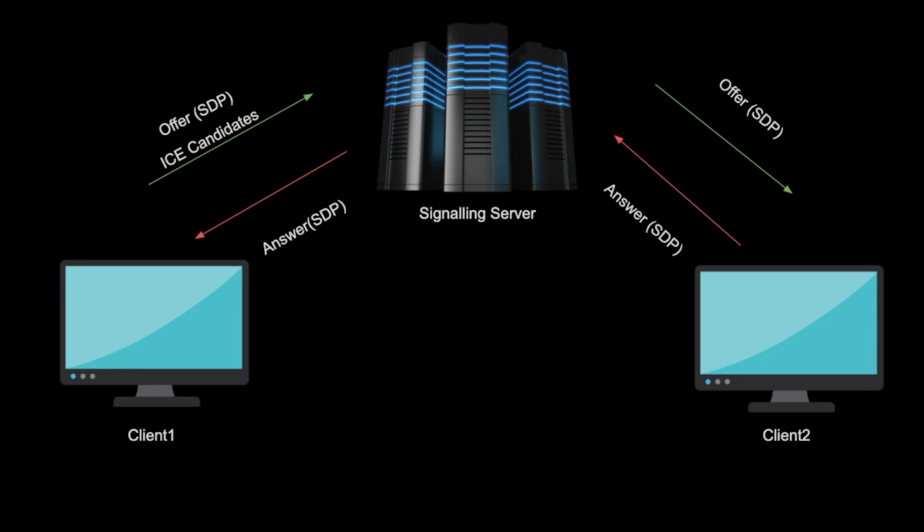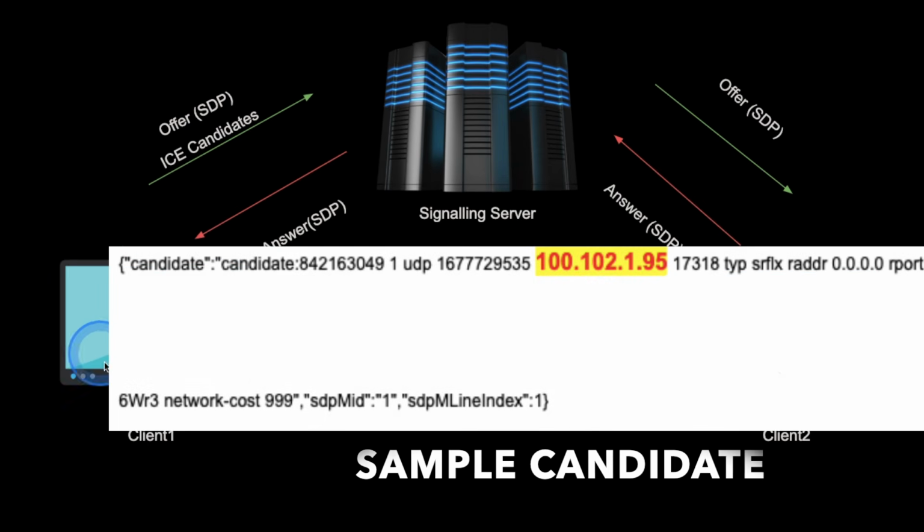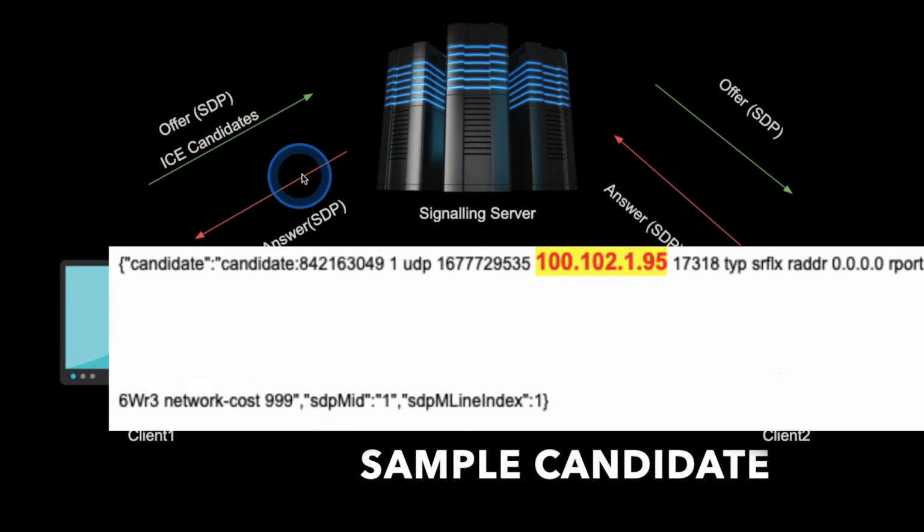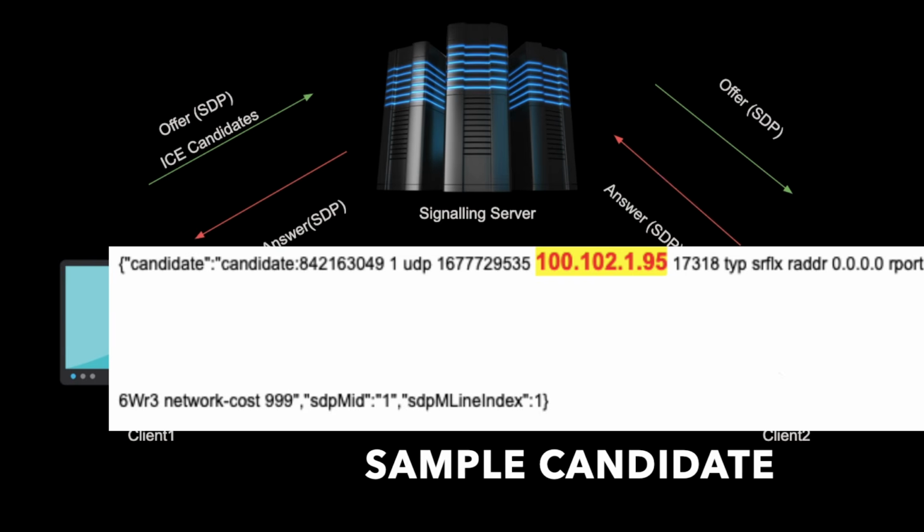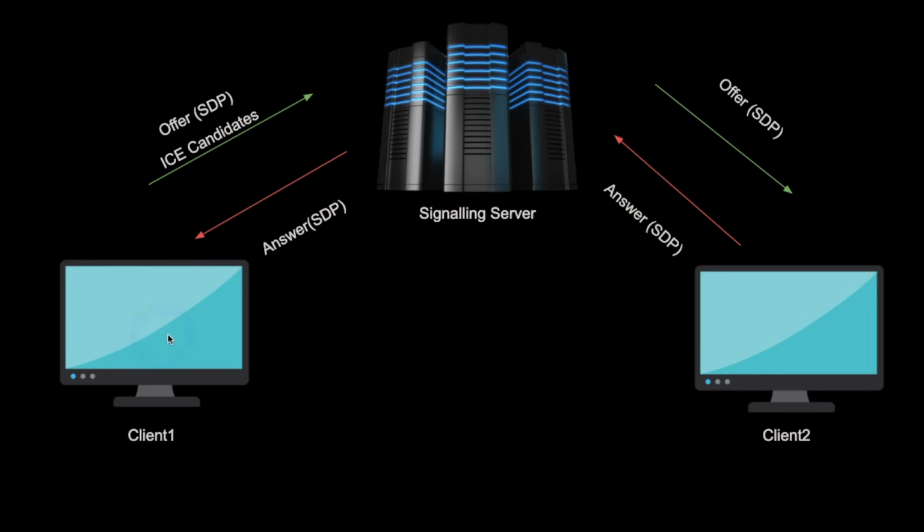ICE candidates are generated from something called STUN and TURN servers. To get the ICE candidates from the STUN and TURN servers, this client has to provide the URL of the STUN and TURN servers to the WebRTC API. And then as soon as this client creates an offer, the WebRTC API will start to get ICE candidates from the STUN and TURN servers.